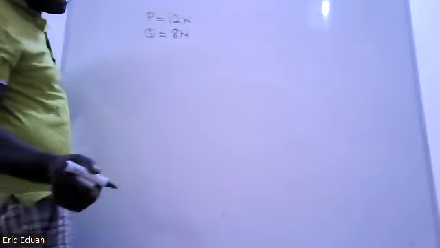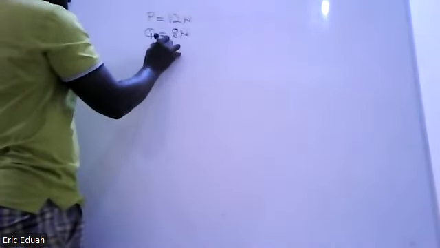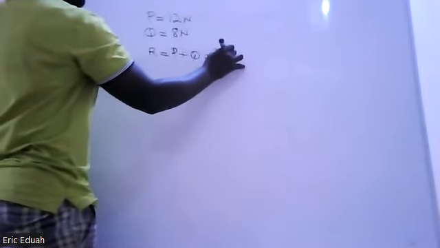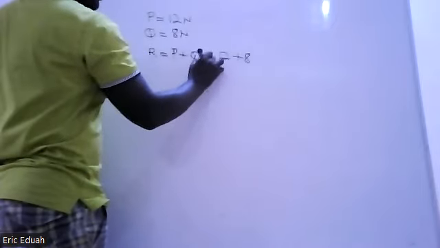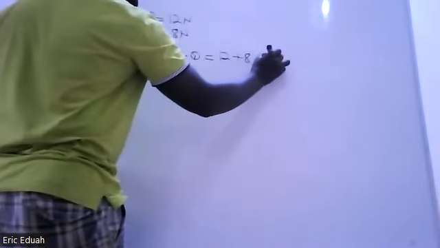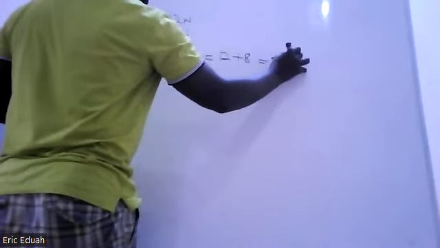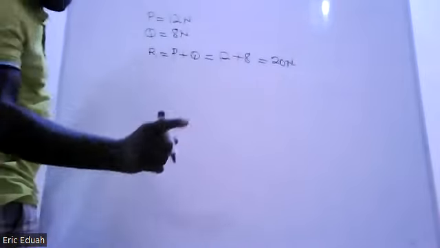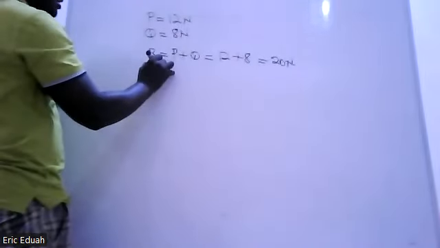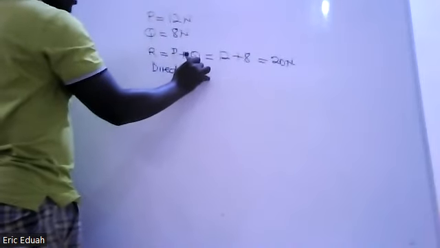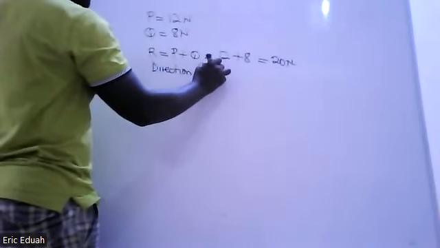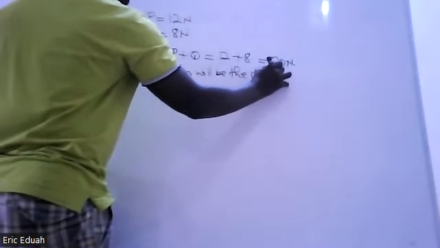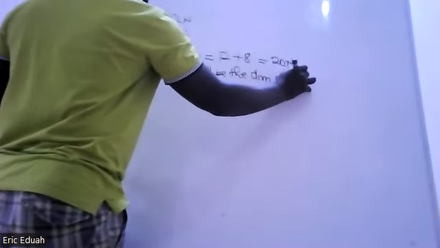When they are acting in the same direction, obviously the resultant will be P plus Q, which is 12 plus 8, giving us 20 newtons. And because they are acting in the same direction, the direction will be the direction of the forces, or of the two forces.